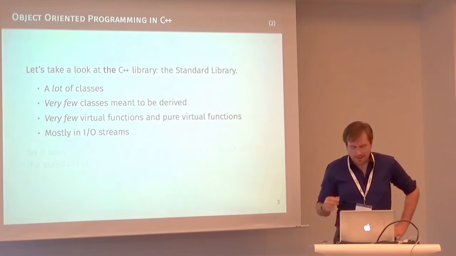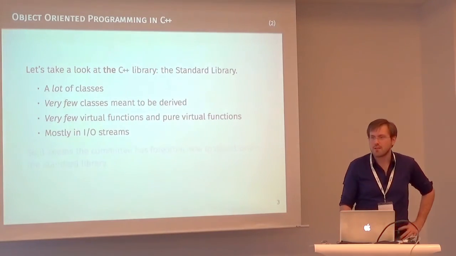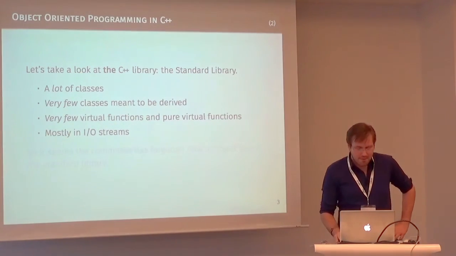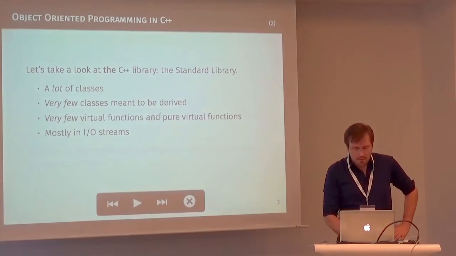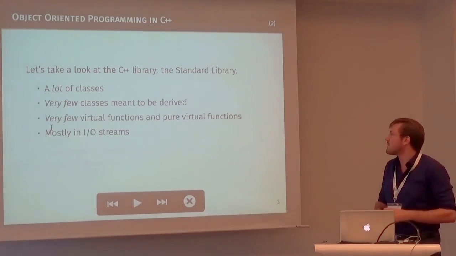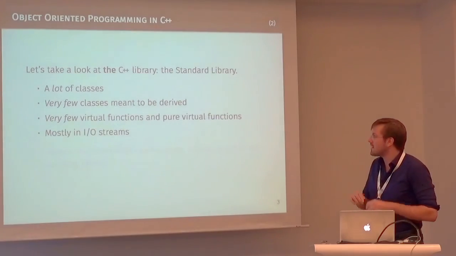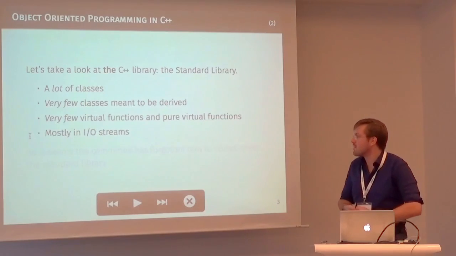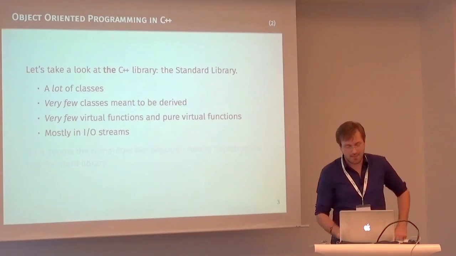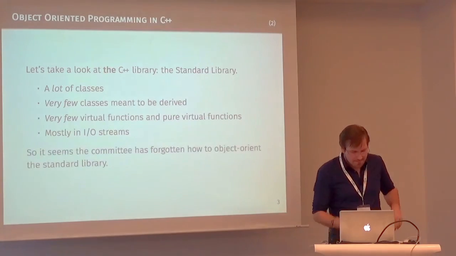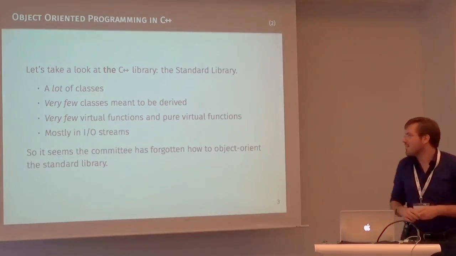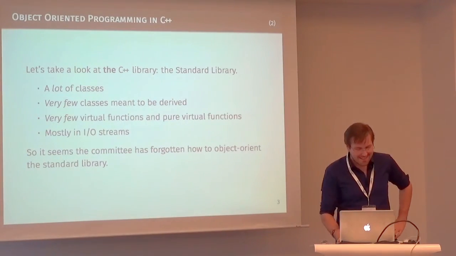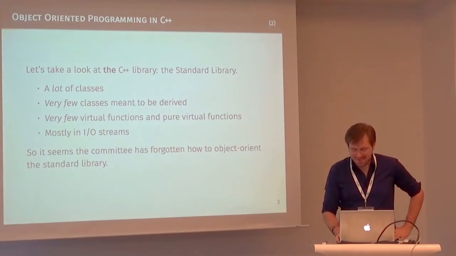I can't recall a case of a pure virtual function, so maybe somebody can remember one from the standard library. Most occurrences of virtual functions and classes meant to be derived in the classic OOP pattern come from IOStreams, which is not the most recent part of the standard library. And so it seems that the committee doesn't know what OOP is, because the standard library is not object-oriented, okay?